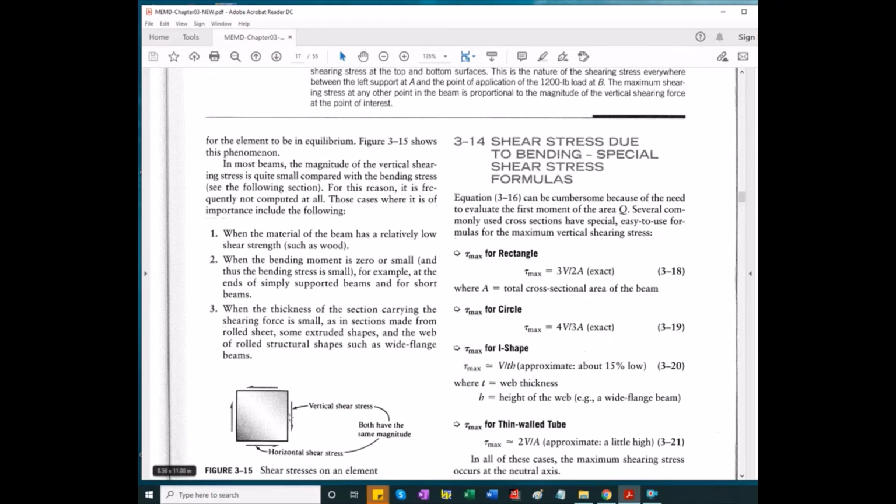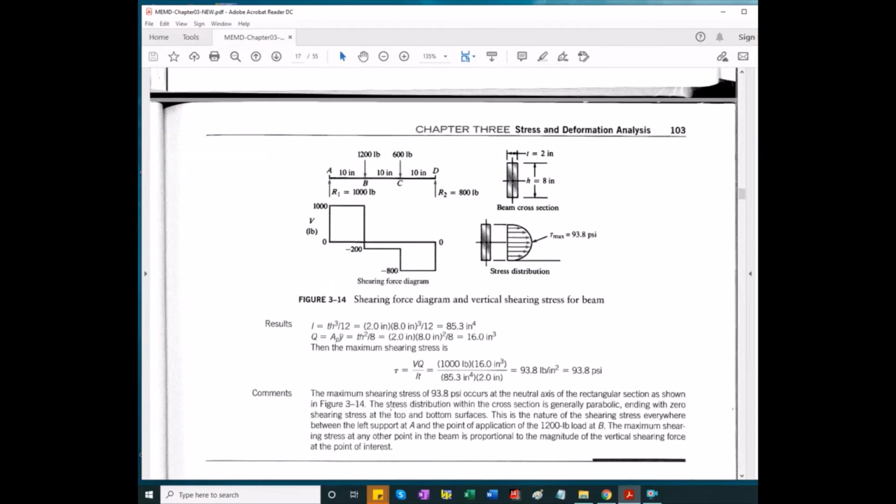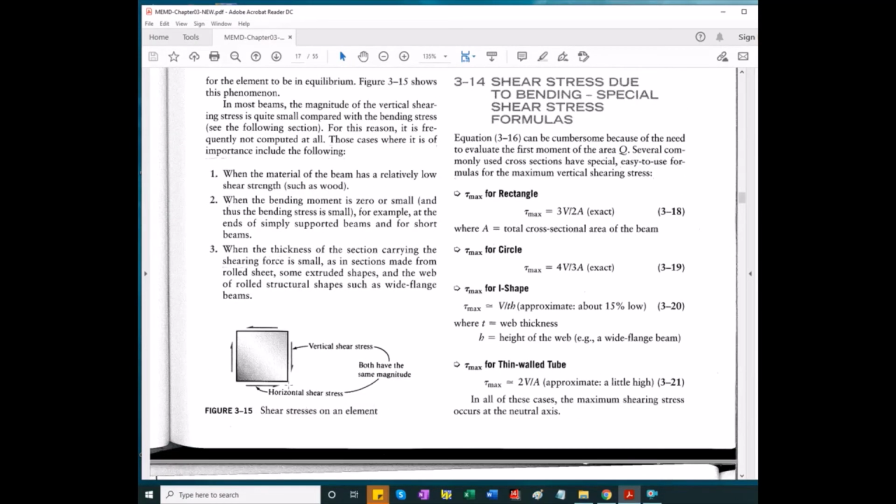Here it shows the stress element aligned with the beam. Shear stresses are always grouped in pairs. The element is in force equilibrium. The effect of shear stress is the deformation of the element, so it changes from a small square to a diamond.